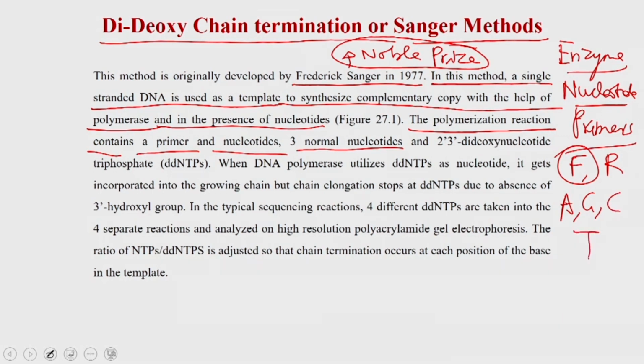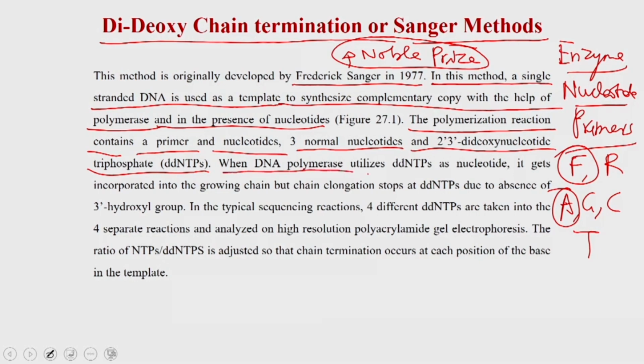When you do these reactions you add 3 normal nucleotides, and instead of the 4th nucleotide you add the 2',3'-dideoxynucleotide triphosphate. Suppose this is a reaction for adenine, then you add guanine, cytosine and thymine as normal nucleotides, and you add the 2',3'-dideoxyadenine triphosphate as the 4th nucleotide.